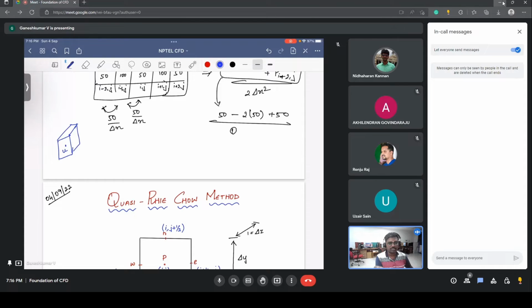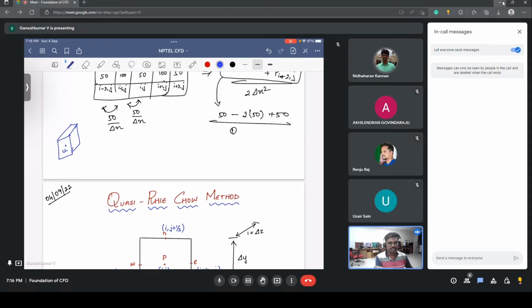This is central differencing, isn't it? Here also it's phi W. So this is upwind, this is central, and the next is QUICK.